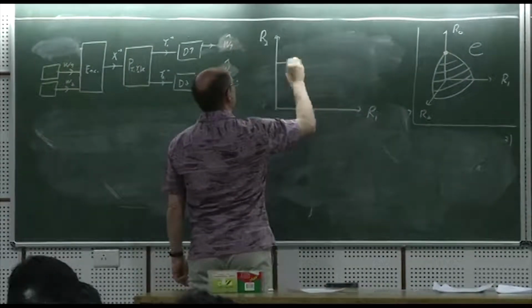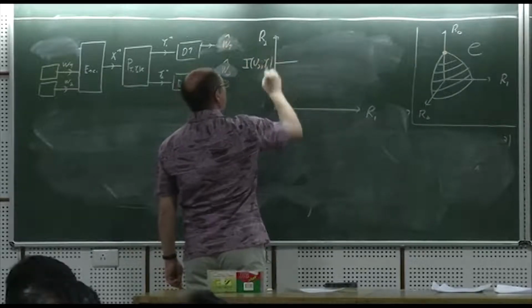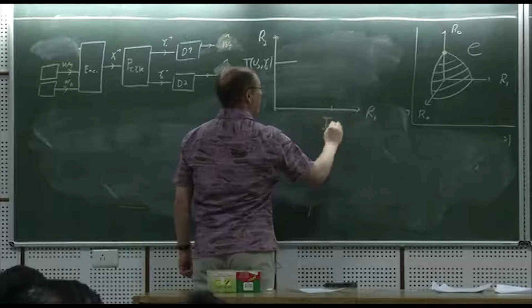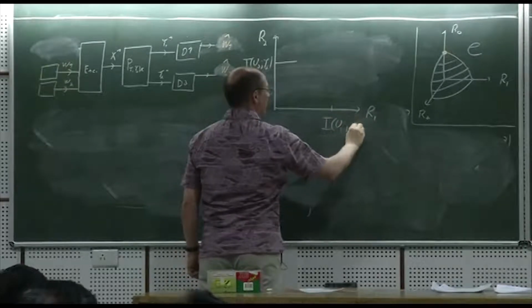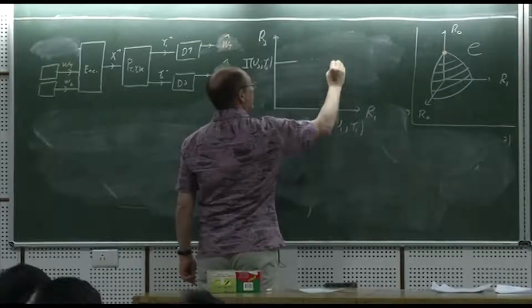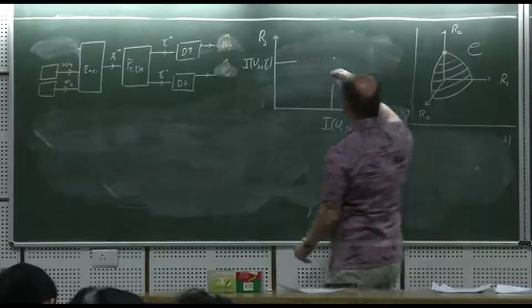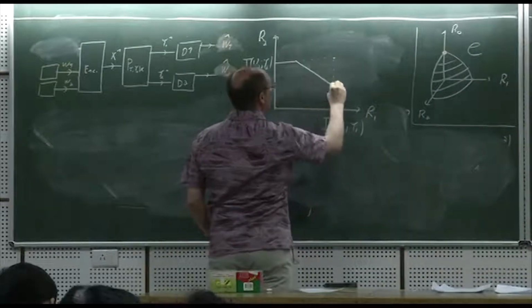Here we'll have I(U2;Y2). Here we'll have I(U1;Y1). And then these go up. They would meet here, except for that subtractive term, which takes out something, and so we get this bound here.